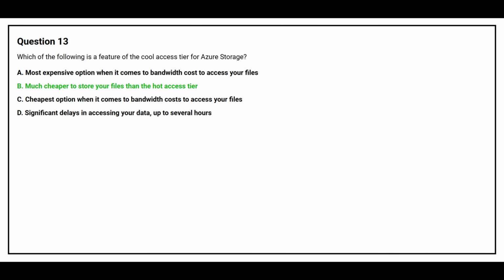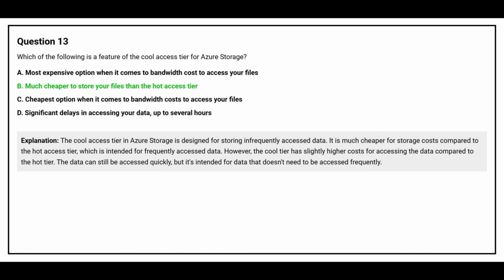The correct answer is option B, much cheaper to store your files than the hot access tier. The cool access tier in Azure Storage is designed for storing infrequently accessed data.